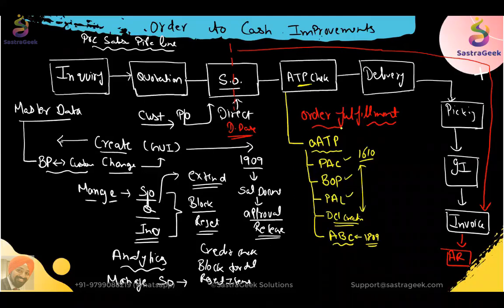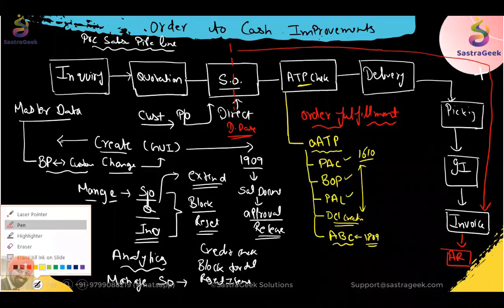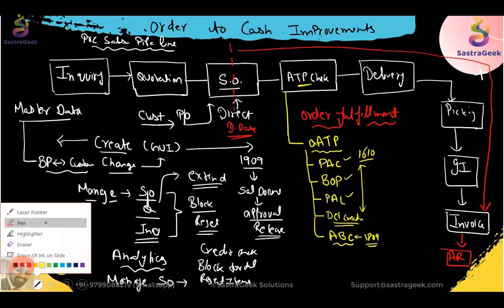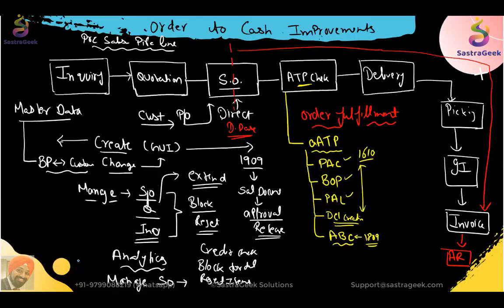The second change which we consider is a big innovation, that is in your order fulfillment. In this whole cycle of order fulfillment, you get a lot of issues. What kind of issues do you get? Sometimes the delivery would be blocked due to some reason.